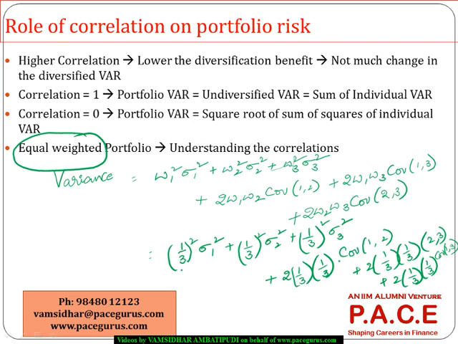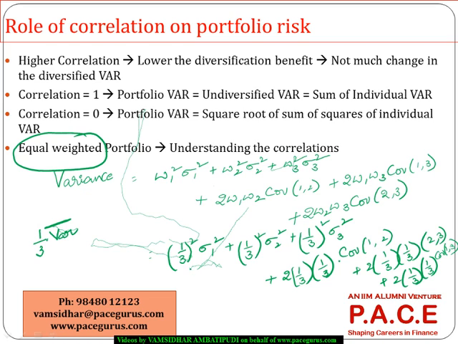Now this is nothing but 1 by 9 times the summation, which you could also write as 1 by 3 into the average of the variances, variance bar. See, 1 by 9 I will write as 1 by 3 into 1 by 3.